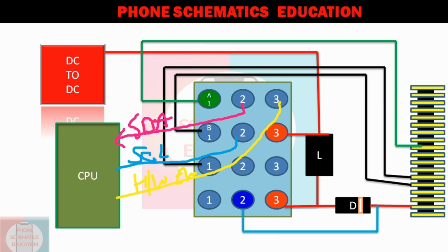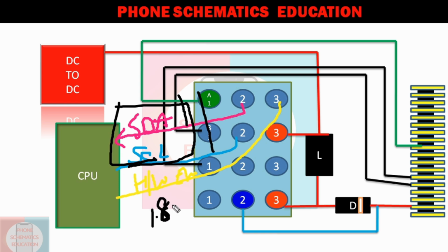Now these two lines, SDA and SCL, are the I2C communication lines. Through these lines, the CPU takes information on how this IC works. These lines are connected with a 1.8 resistance, a pull-up resistance from the power IC.